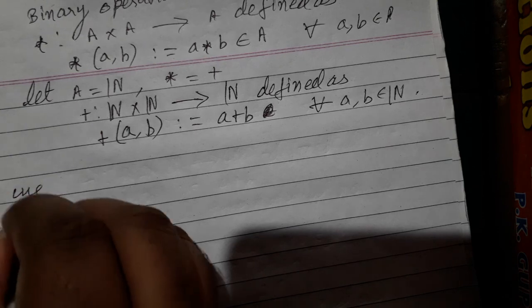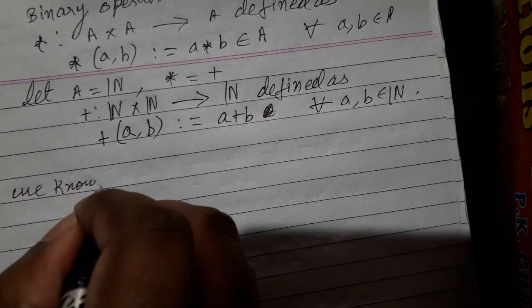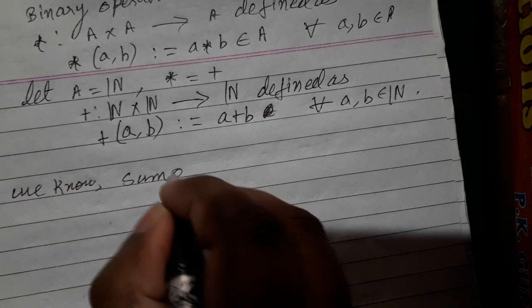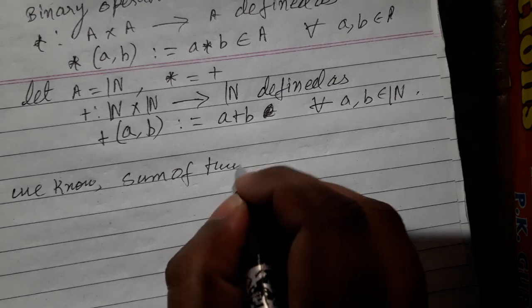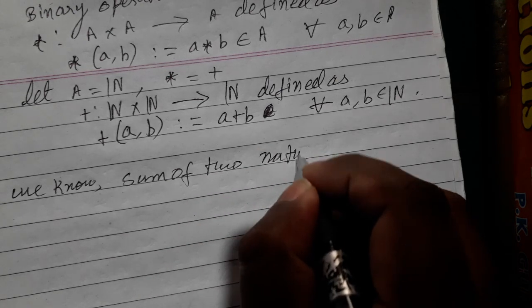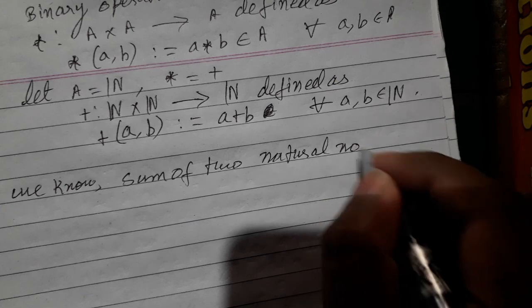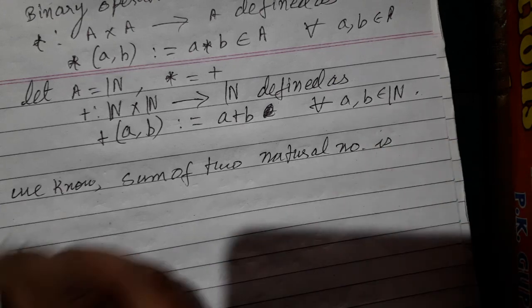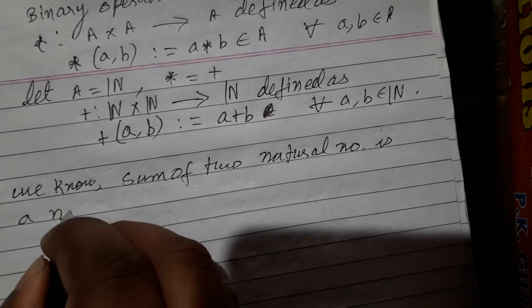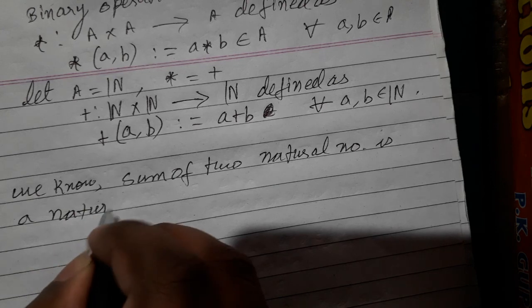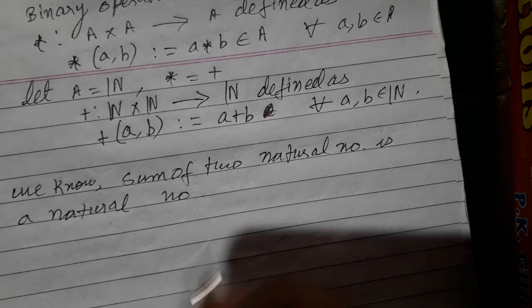We know the sum of two natural numbers is a natural number.